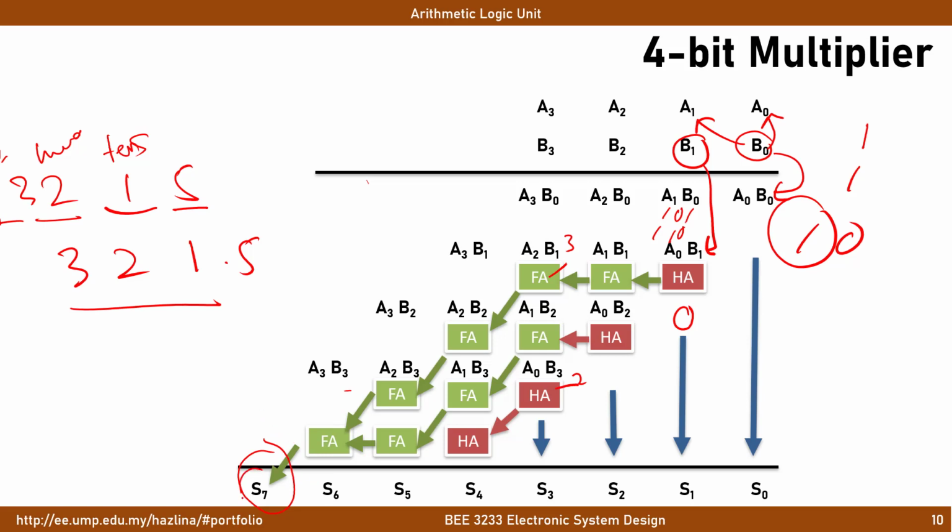Hence, you need to have one proper placing for this element. So it goes back to the general rule of thumb as we discussed before. If A is 4 bit, B is also 4 bit, the total number of bits here should be at least 8 bits. 8 bits is S0 up until S7.